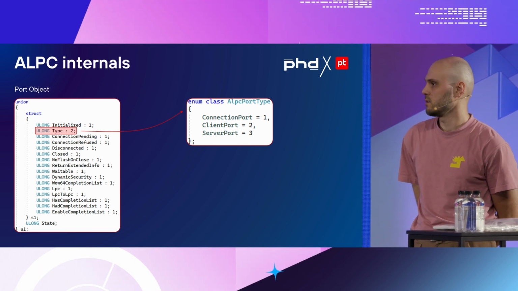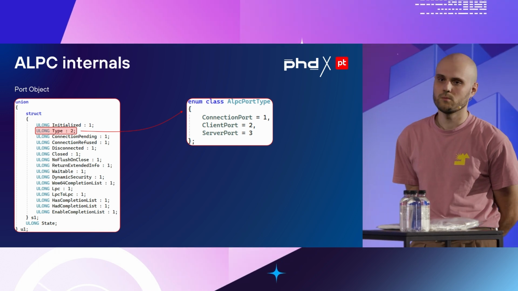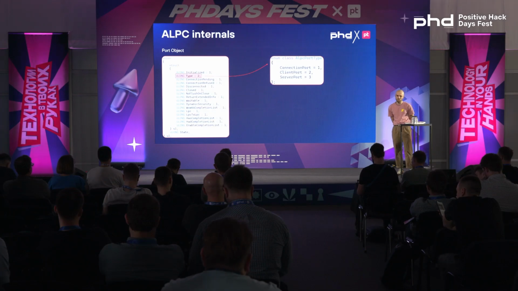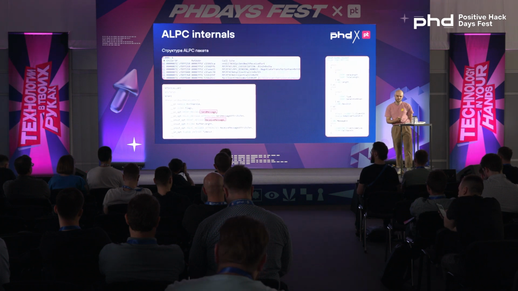There are many LPC calls and requests. One RPC request, one RPC call would have 4 or 5 LPC packets. So if you intercept them and you don't filter them, then it would load the system very significantly. So you can use this field to filter only client LPC requests, for example.